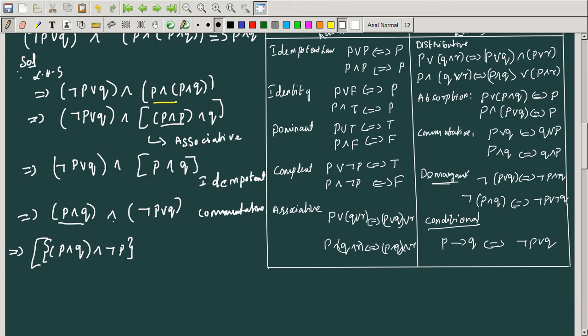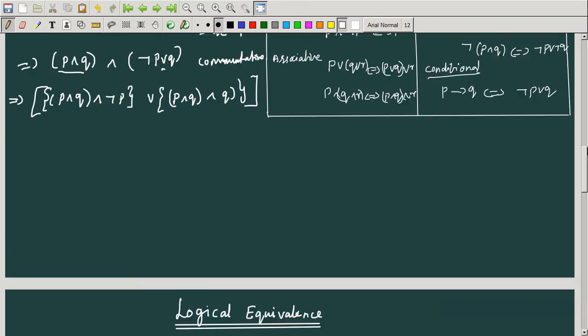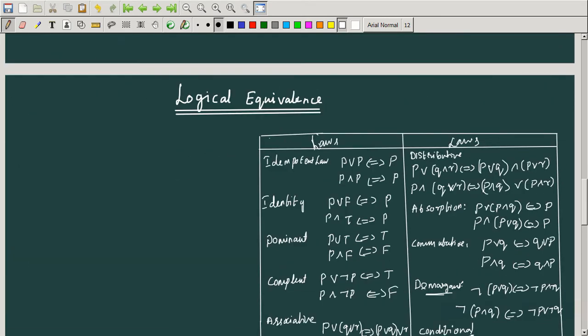P and Q and negation P, and between R, this R you have to write like this, and the next, the continuation of the distributive, P and Q and Q. So this is the distributive law. You can differentiate the bracket, then only it is useful for us to solve the problem, right?